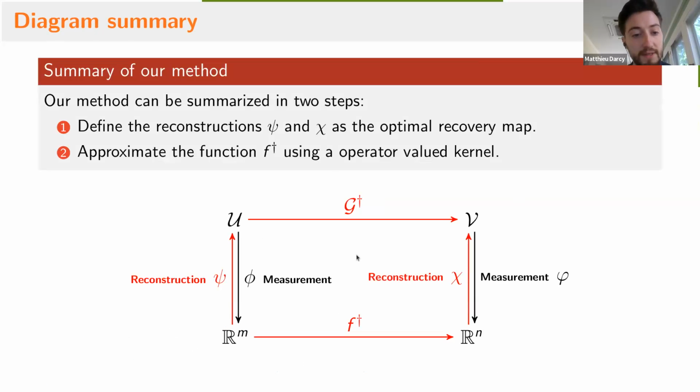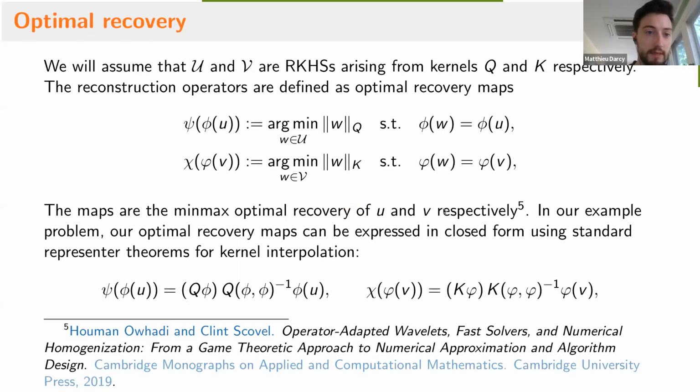Okay, so the first step is to define these reconstruction operators psi and chi, which go from the finite dimensional space back up to the infinite dimensional function spaces. So we're going to assume that U and V are reproducing kernel Hilbert spaces arising from two kernels Q and K respectively. And then once we've done this, we can define our reconstruction operators as optimal recovery maps.